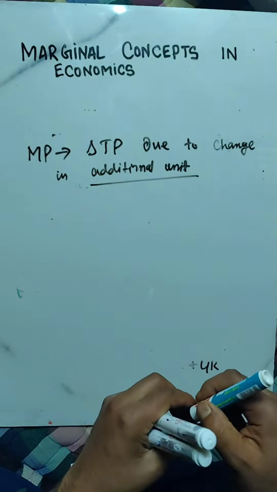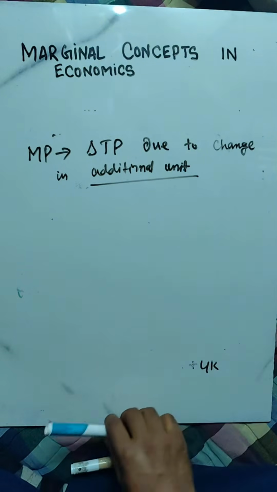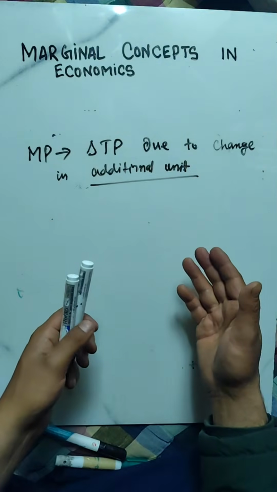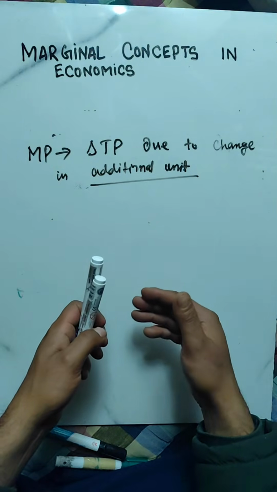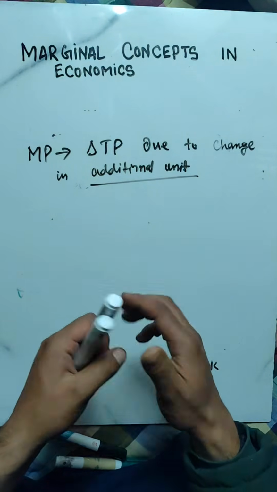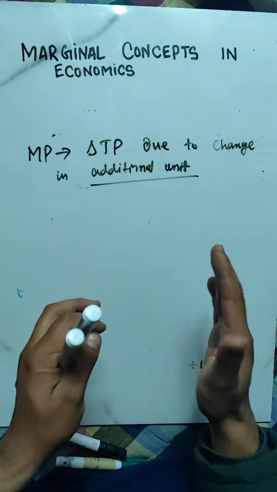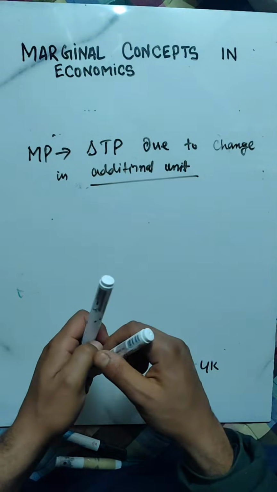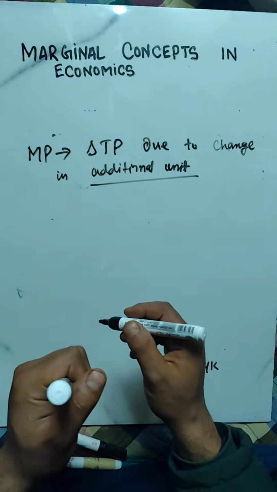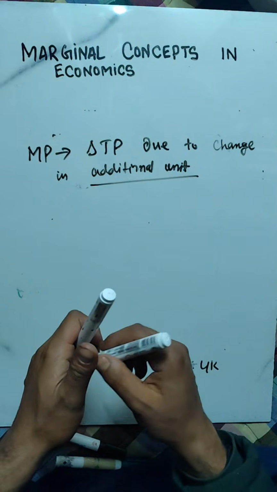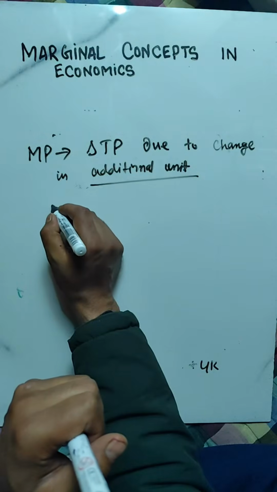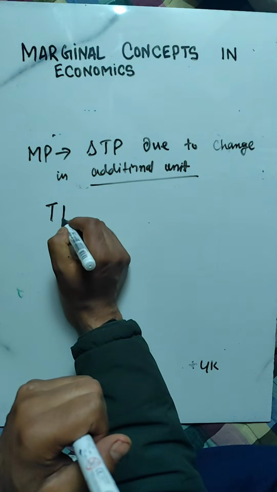Okay, so the marginal product shows us the change in the total product due to the change in one more unit of output.